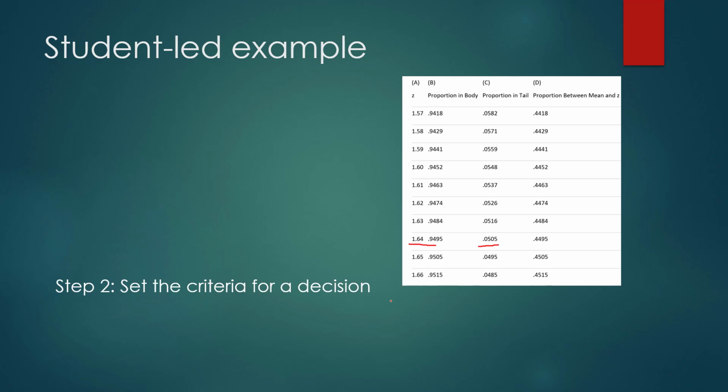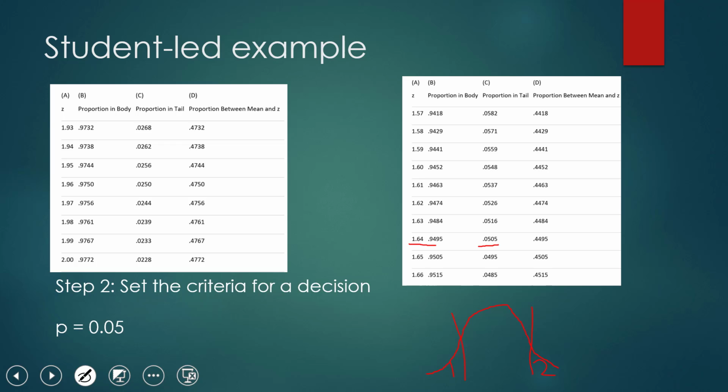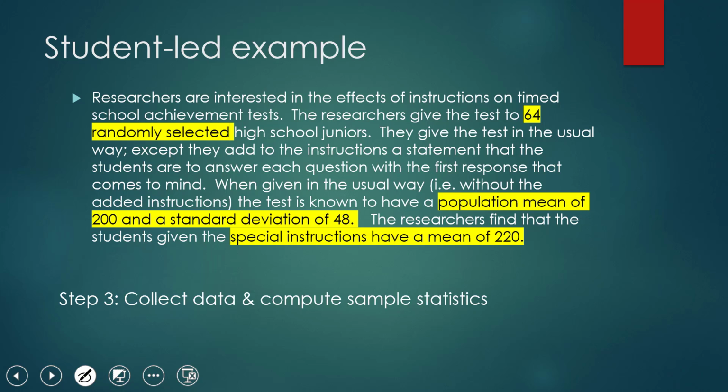Remember, we're doing a two-tailed test where we have one boundary here, and we have two critical regions. So we need to take that 0.05 and break it into two. So we need the table that looks like this, where we have 0.025 giving us a critical z of 1.96.